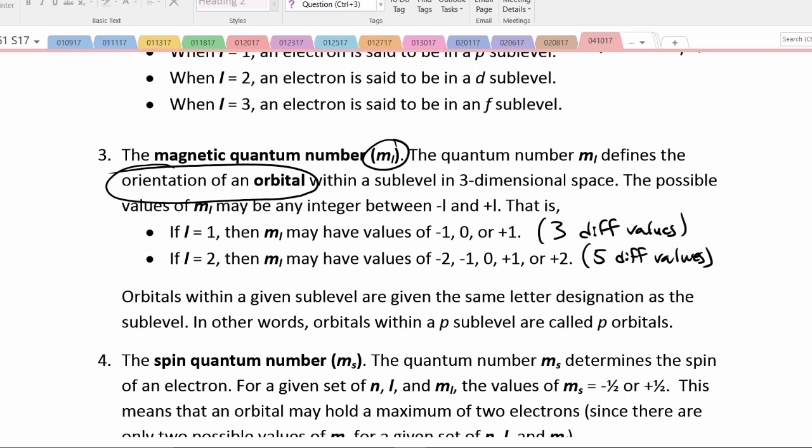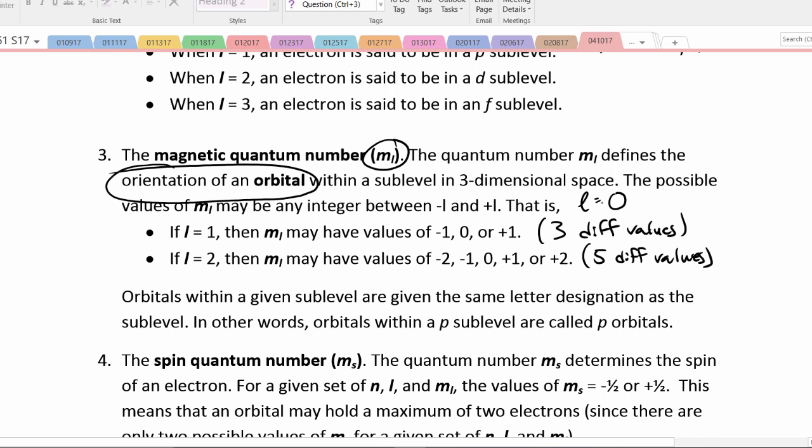So if we went back to the case where L was equal to 0, what would m sub L possibly be equal to? If L is 0, m sub L could only have a value of 0, and that means it could only have one possible value.